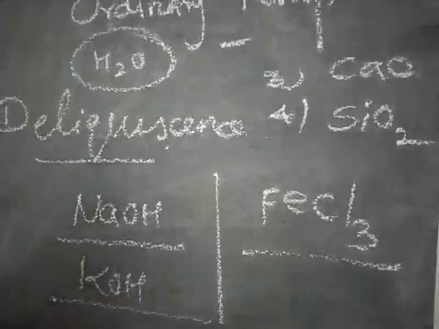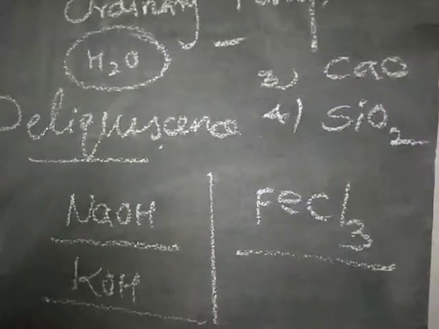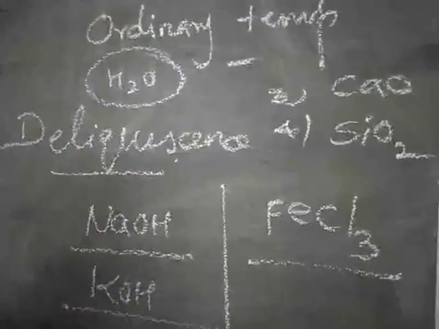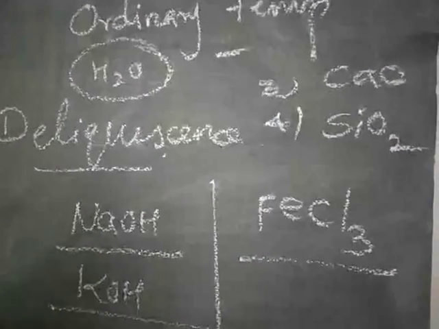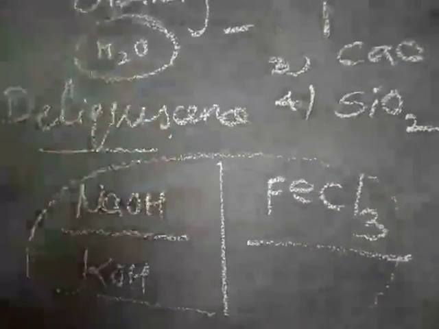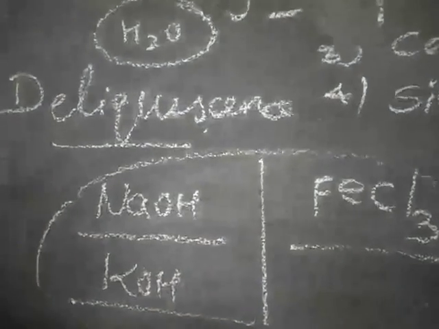These are all solid substances. We keep them at ordinary temperature in the atmosphere, and they absorb the water molecules and may convert into liquid form. So these substances are examples of deliquescent substances, and that property is called deliquescence.